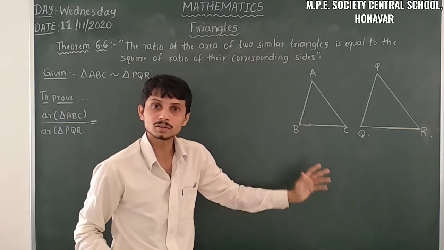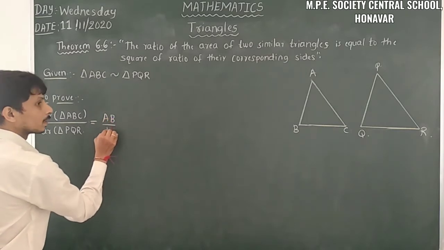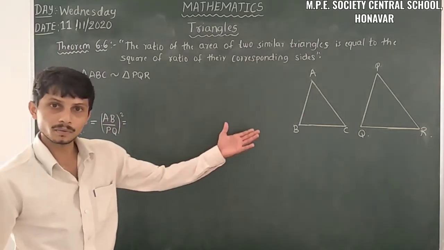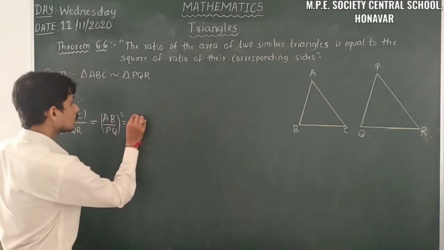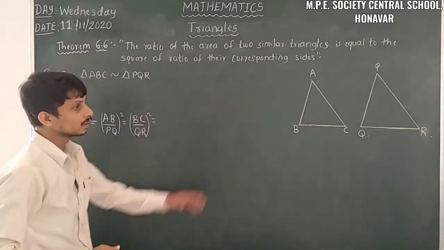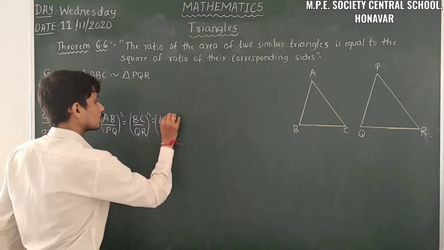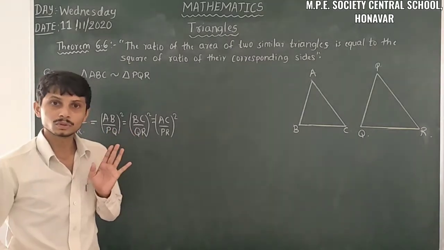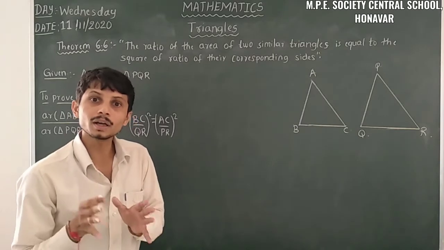So we have to take the ratio, and along with that we have to square. That is AB by PQ whole square is equal to, and another pair of corresponding sides, BC and QR, BC by QR whole square is equal to, then AC by PR whole square. Yes. So that means here we have to prove this. So here just observe, when we have to prove this, we want area of triangle.